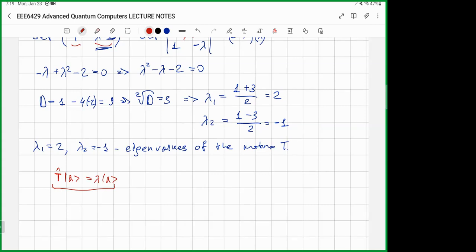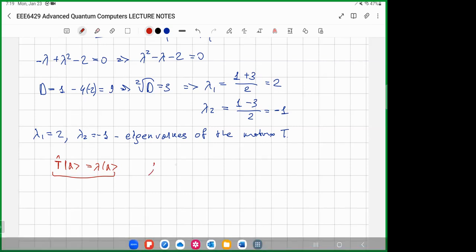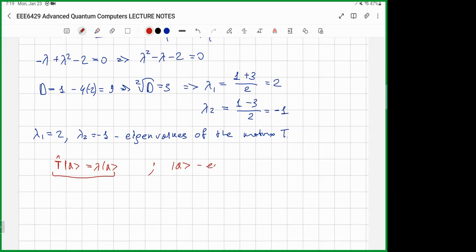But if I manage to find a vector A so that the product of this vector A and matrix T results in the same vector multiplied by lambda, then this vector is an eigenvector. And this alpha or lambda is the eigenvalue.